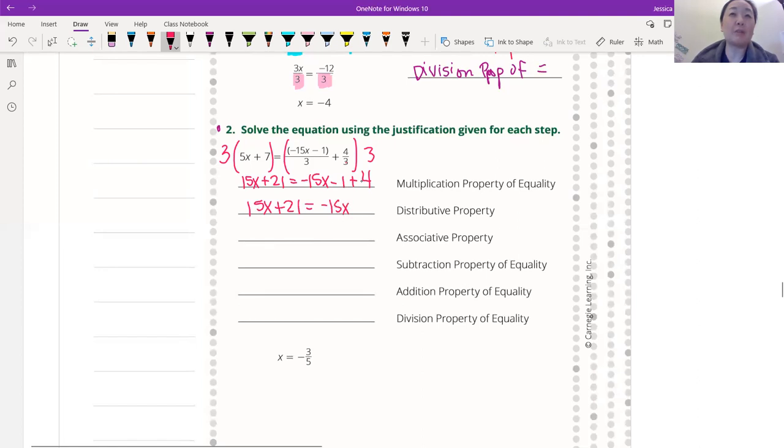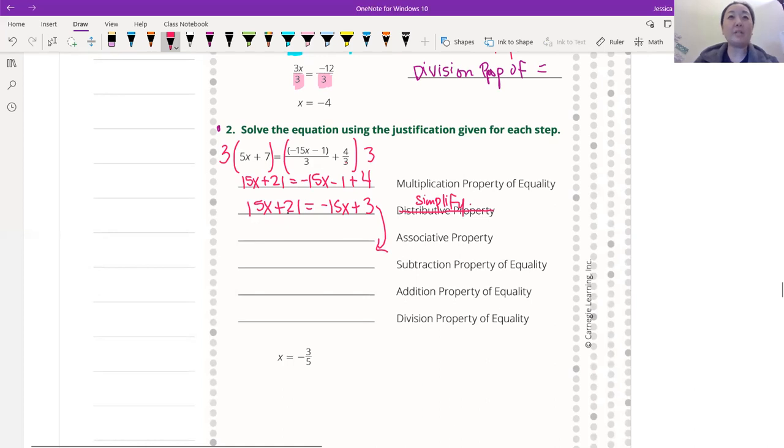This is going to be -1 plus 4, which is going to be plus 3, right? So I'm going to just cancel that out and simplify. And then, oh yeah, that was our associative property, saying that they did this a little different than what I would have. I'm sorry. We're just going to skip down to here.